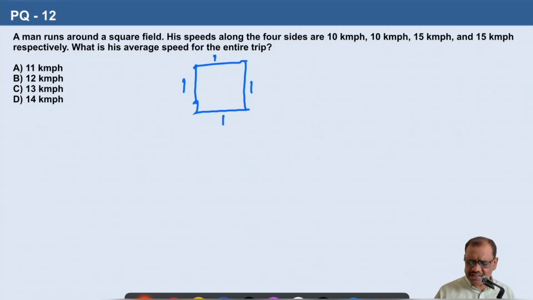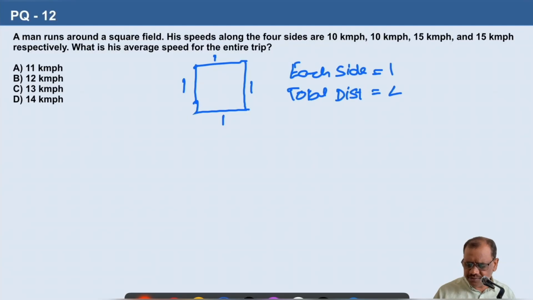So the total distance covered will be 4 units. Average speed, what is the formula? Average speed is total distance by total time.